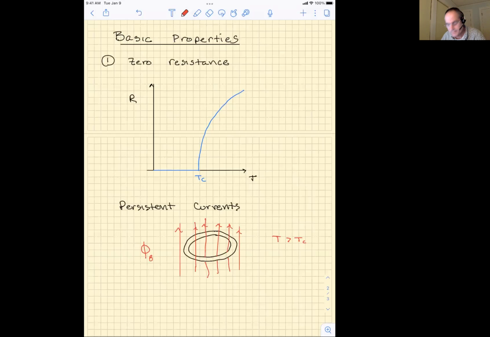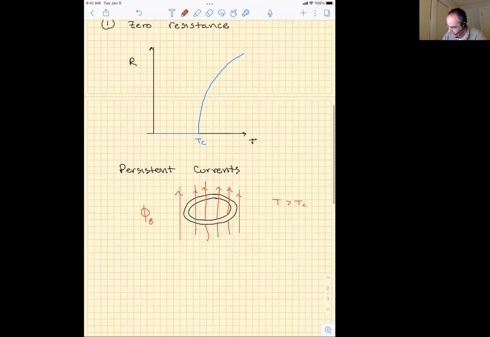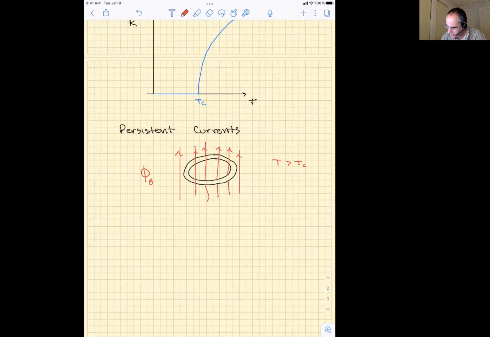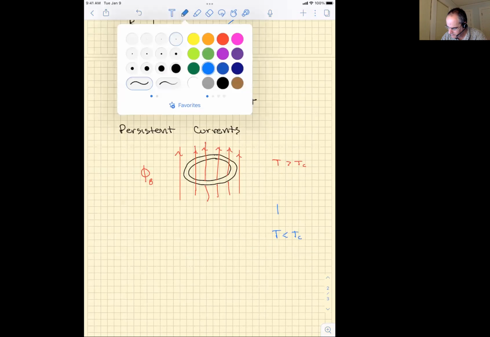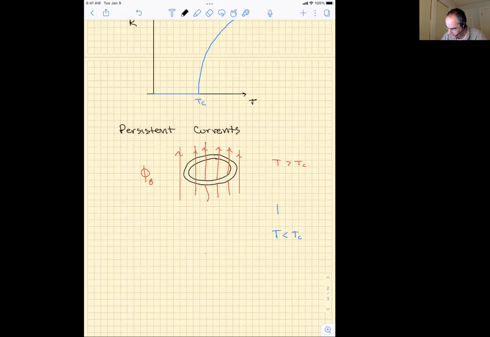But so what? Now, suppose that we cool the ring so that the temperature drops below the transition temperature. Here's our ring once again.